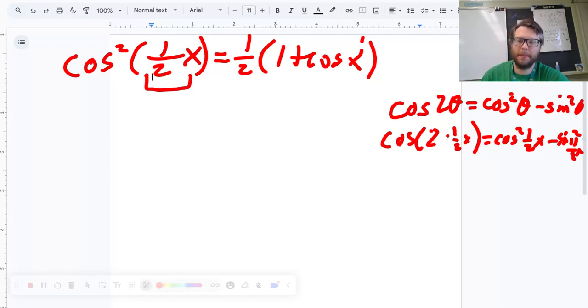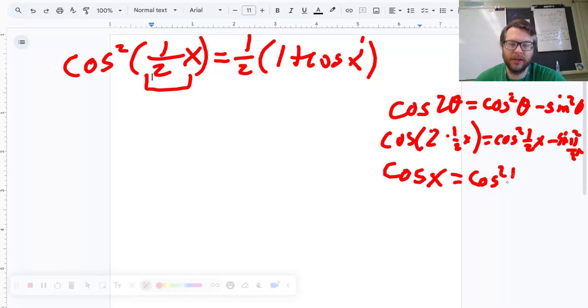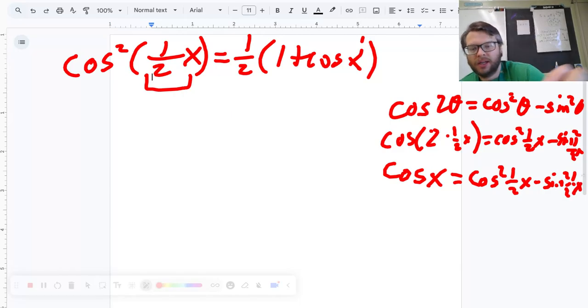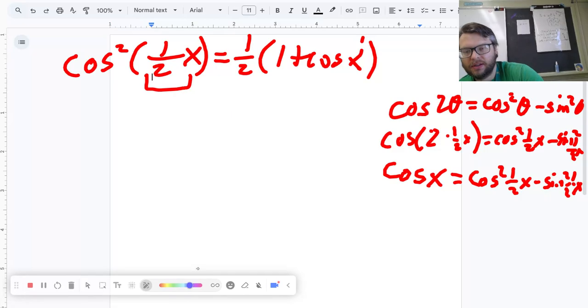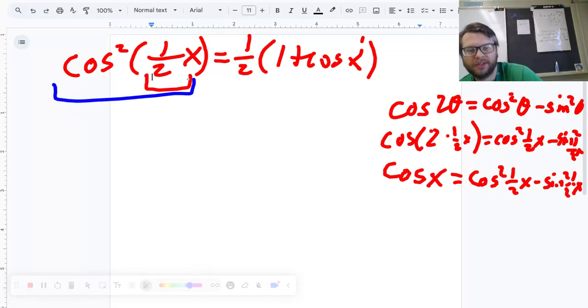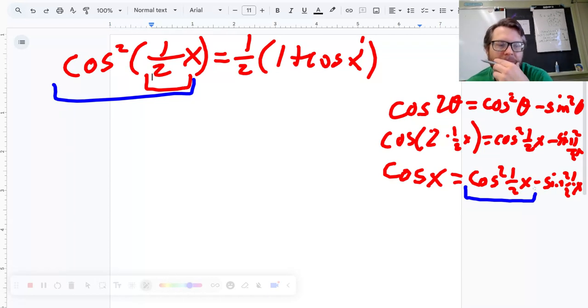So let's try that out. That means that cosine of x is equal to cosine squared a half x minus sine squared a half x. Okay, so let's try that. So I have here cosine squared of 1/2 x, and I have that right here in my formula.